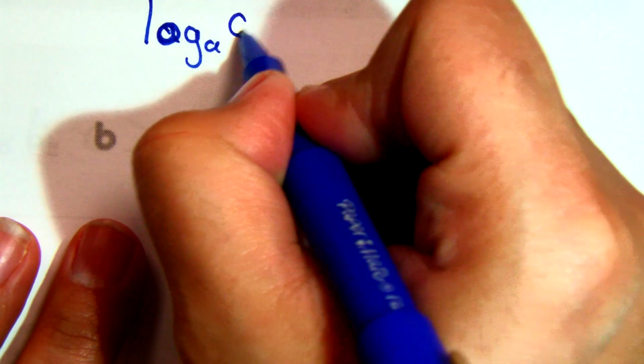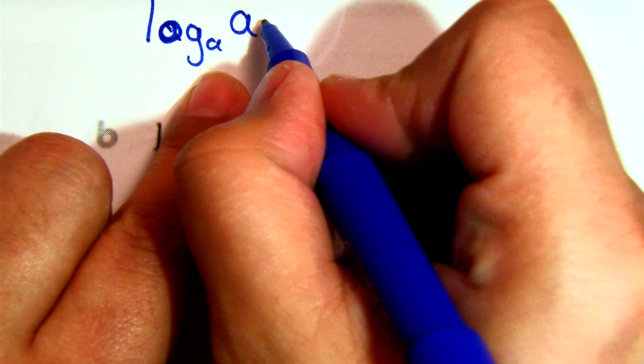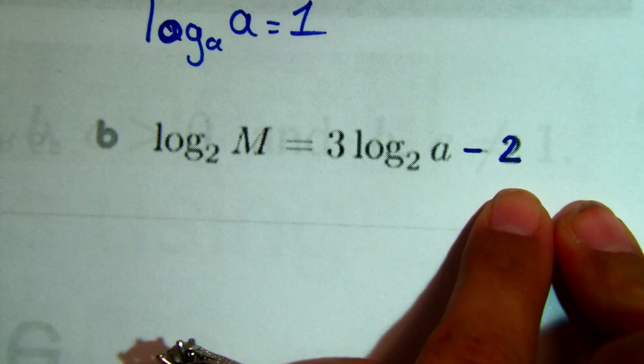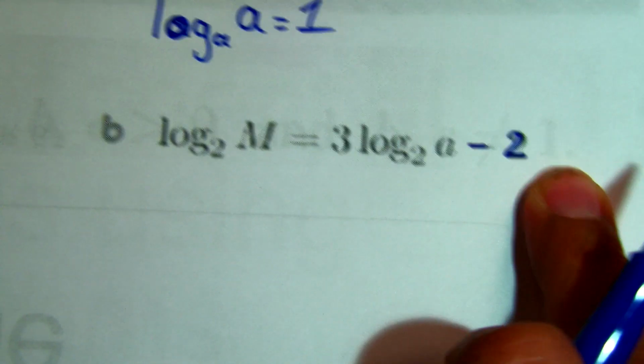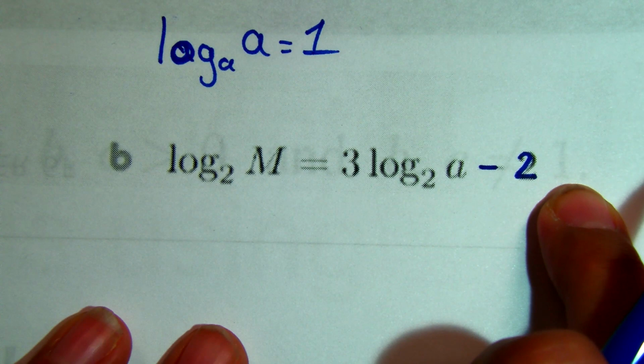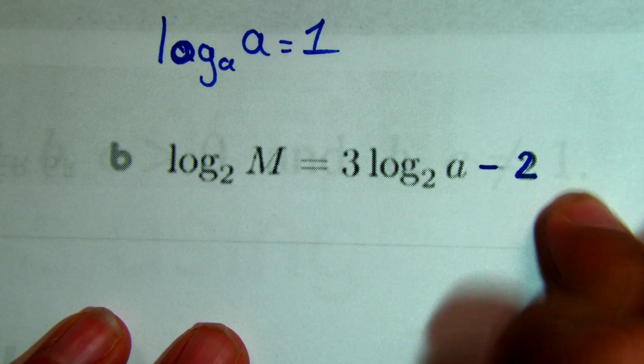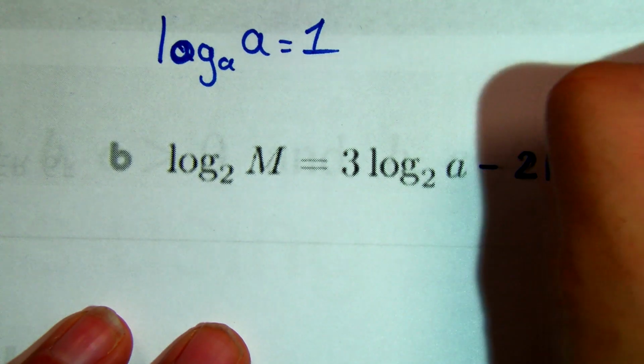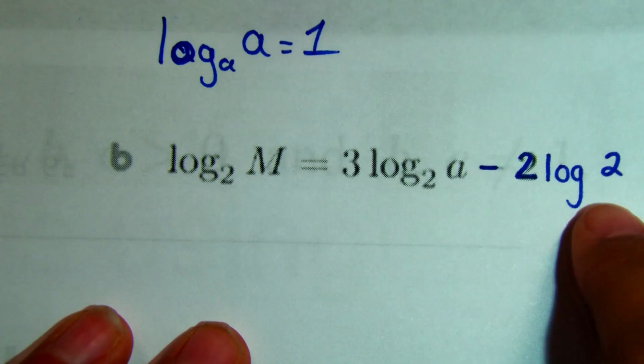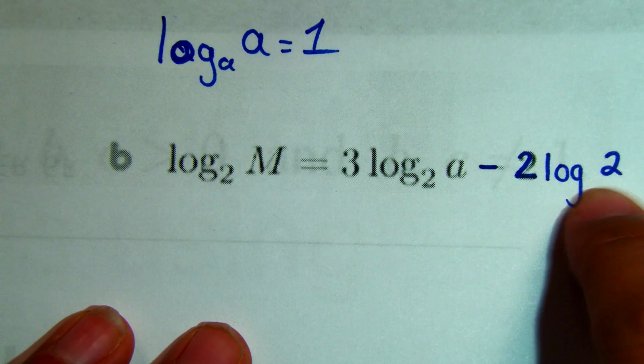So remember, using this property, what can I add onto this 2 to make it have a base? Log of what? 2. What's the base then? 2. Very good.